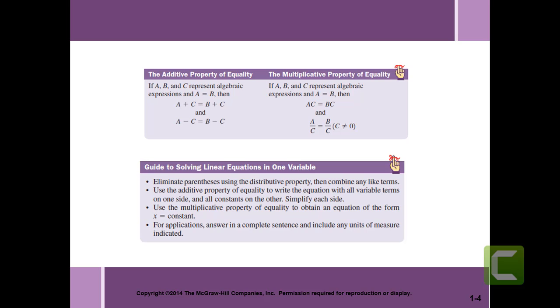What this is saying is that the additive property is applied to the sums and differences of algebraic expressions.